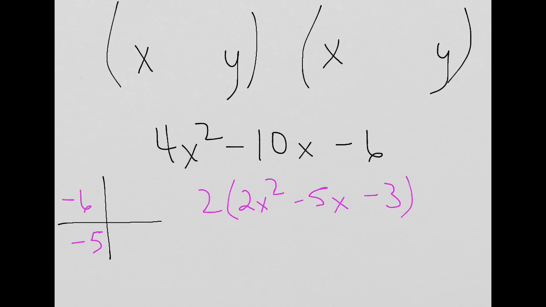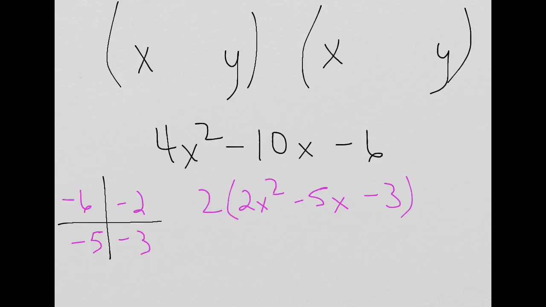So what two numbers multiply to give me negative 6 and add to give me negative 5? Let's see, if I multiply negative 2 and negative 3, that adds to give me negative 5. But what is negative 2 times negative 3?